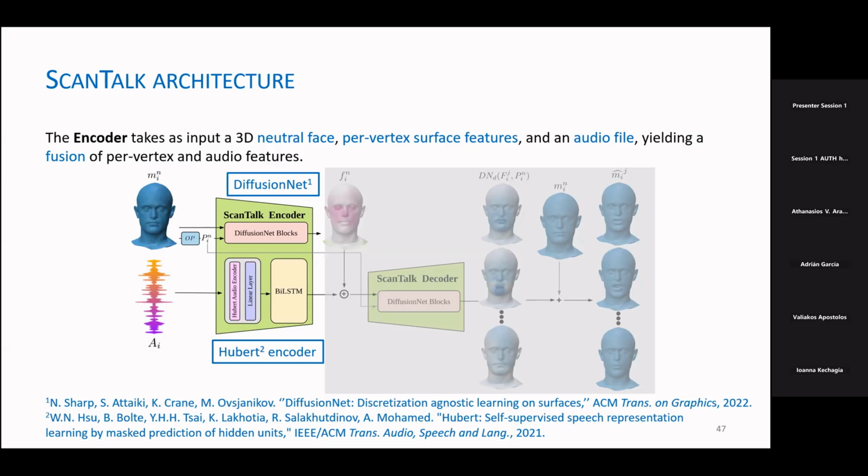So in this way, using these features instead of the input topology and geometry of the shape, we can surpass this limitation of necessitating the same topology for the input.